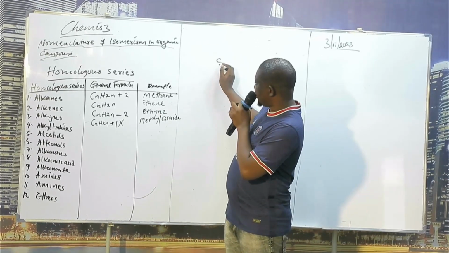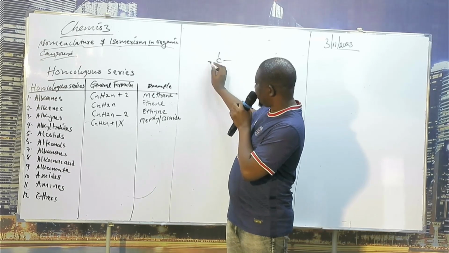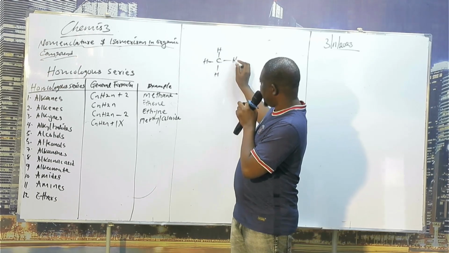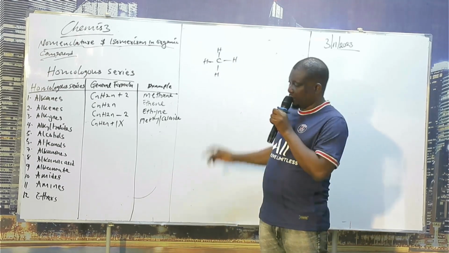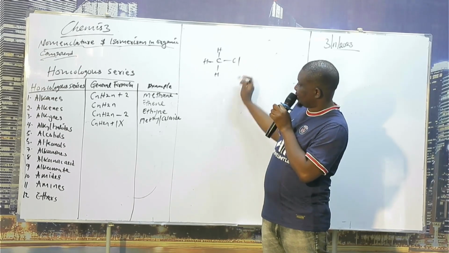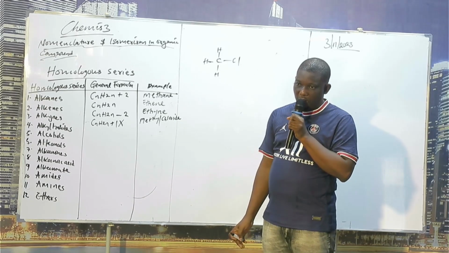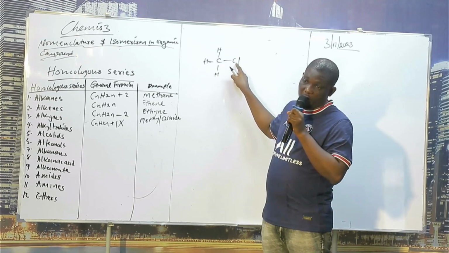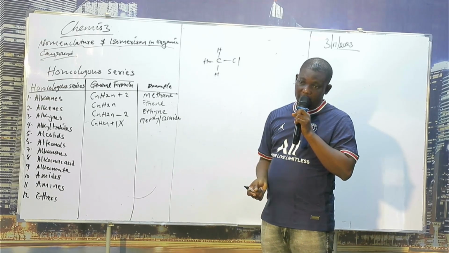This is methane, with 1, 2, 3, 4 hydrogens: H, H, H, H. But if I substitute and replace one with Cl, what is this now? The CH3 is methyl, and chlorine becomes chloride, ending with -ide.